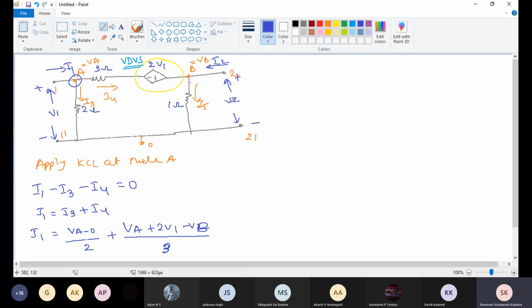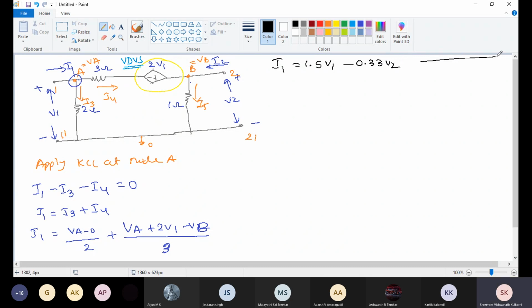Okay, simplify. I'll get I1 is equal to 1.5 V1 minus 0.33 V2.